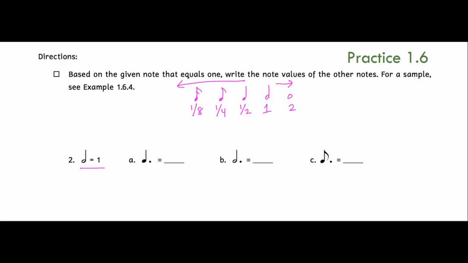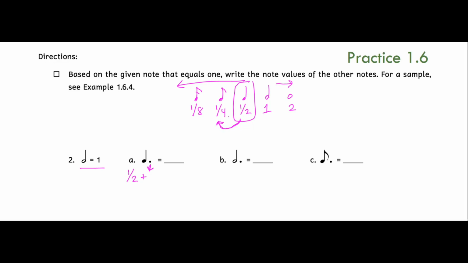All right, so number 2A is asking for a dotted quarter note. We see that a quarter note is worth half. So we're going to put half here. And the dot is, you're going to add half of half. So if you're not sure with the fractions, just go this way in the chart.